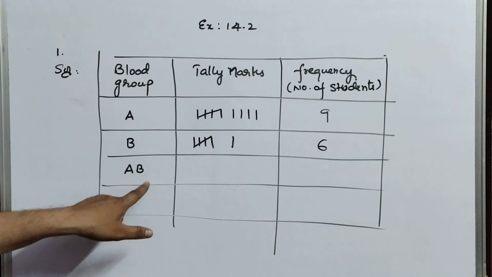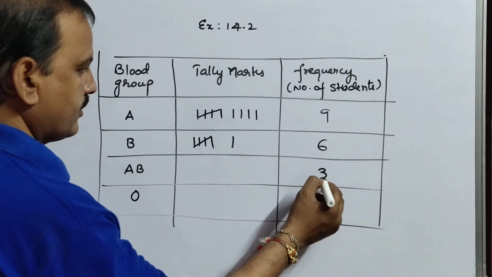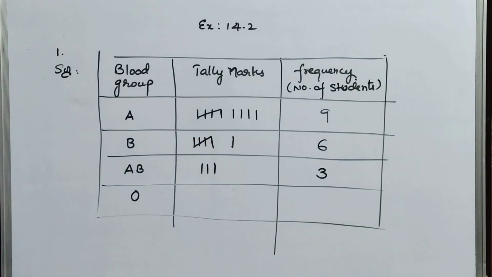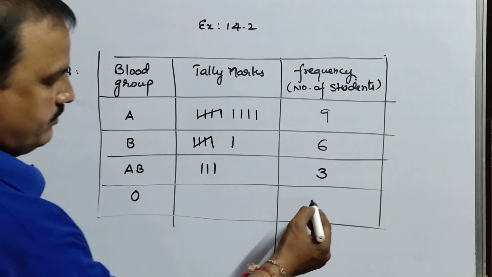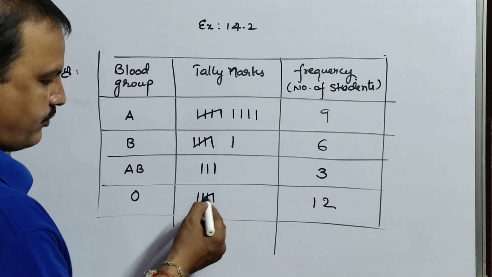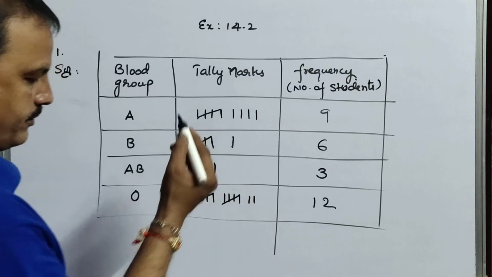How many AB are there? 3 are there. That means 1, 2, 3. And O blood group, 12 are there. 12 means 1, 2, 3, 4, 5, 6, 7, 8, 9, 10, 11, 12.